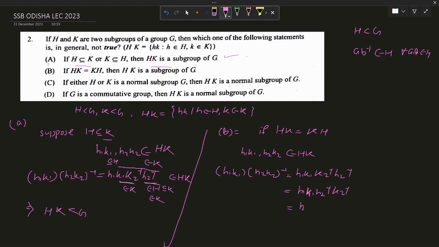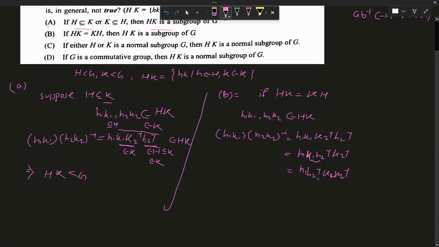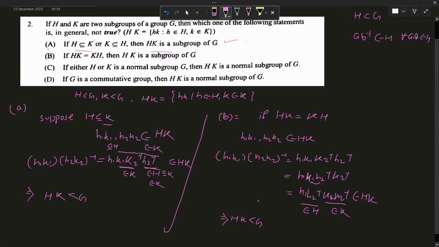So also write h1 h2 inverse into k1 k2 inverse. Okay, so there is no confusion here, I think. As H is a subgroup of G, this one belongs to H. Since K is also a subgroup of G, k1 k2 inverse belongs to K. Okay, so overall element belongs to HK. So therefore here we get HK is a subgroup of G. So option B is also true.